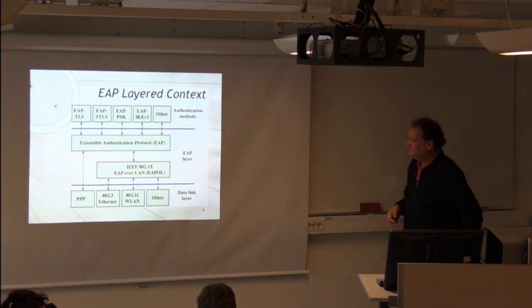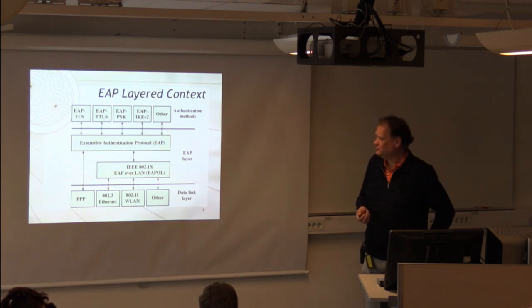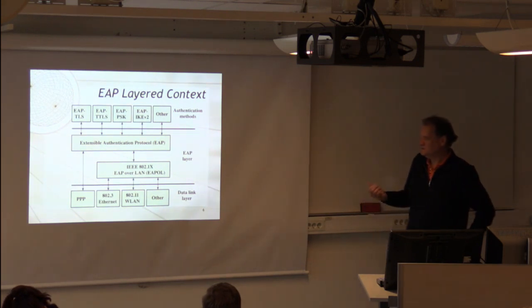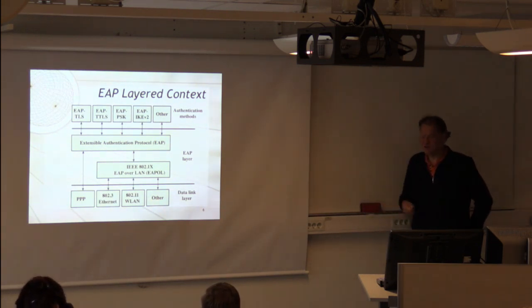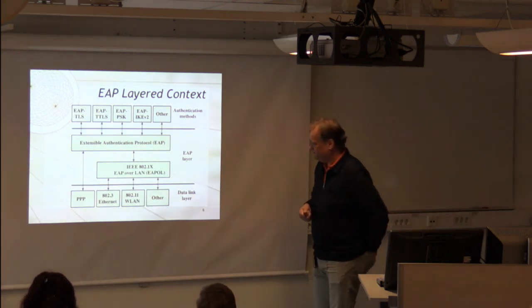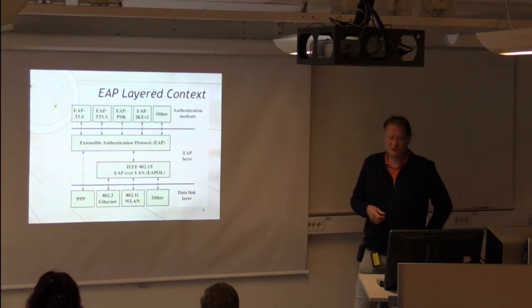So if we look at the entire protocol stack here that is involved in handling this situation, now someone would like to connect to the network. You can see that we work on several layers here. Down at the link layer, there could be different types of networks.